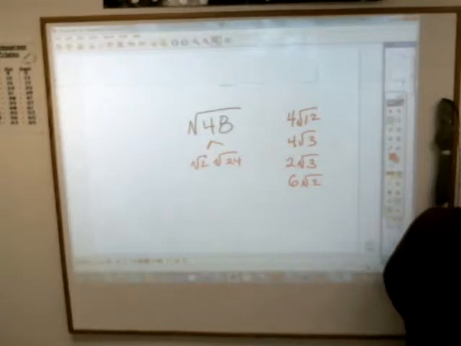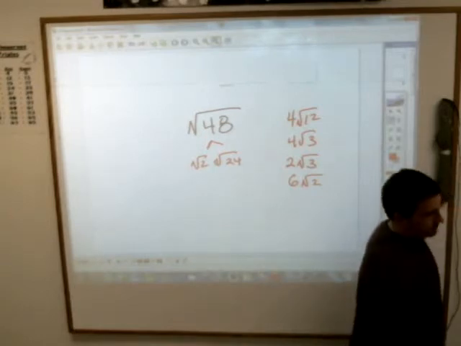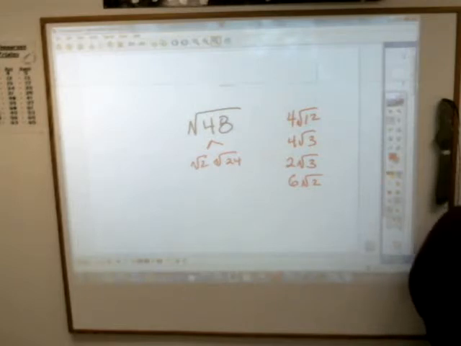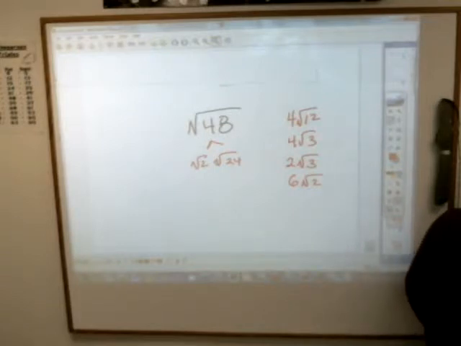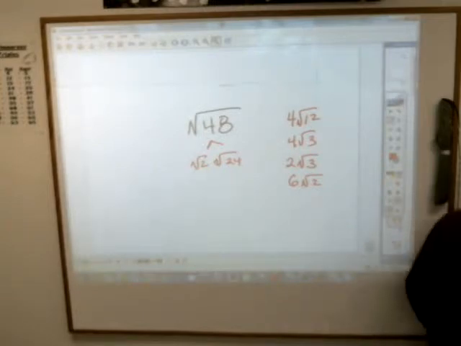How many square roots of 2? 4. How many square roots of 3? 1. 2 square roots of 2 cross out to give you a normal 2. Another group cross out to give you another normal 2. Square root of 3 doesn't have anything to cross off with, so it stays. Re-multiplying this, 4 times the square root of 3. That's right.